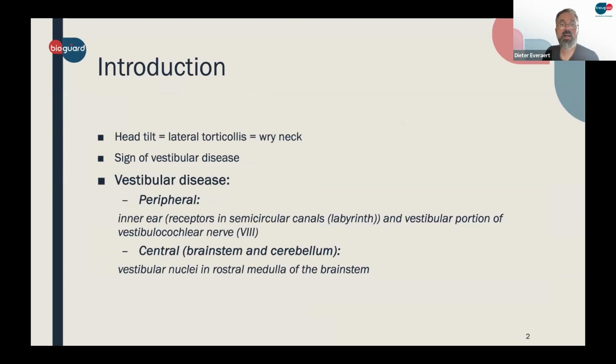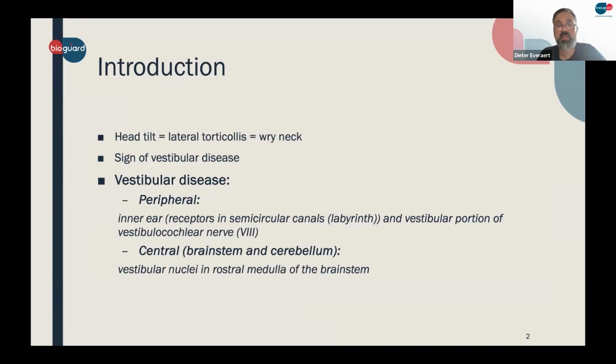So as said, head tilt or lateral torticollis, in English literature also described as wry neck, is a really common sign of vestibular disease. The vestibular disease can be divided into the peripheral part or the central part.